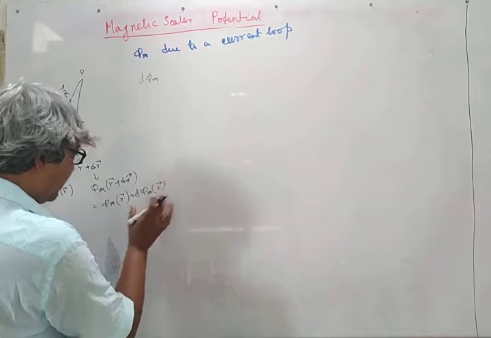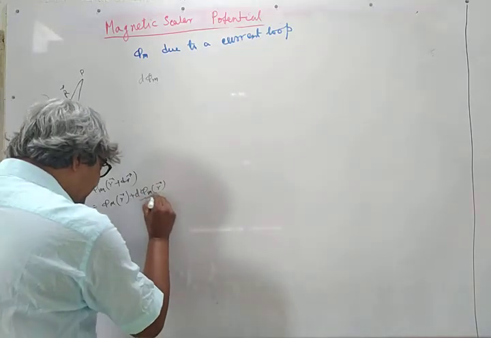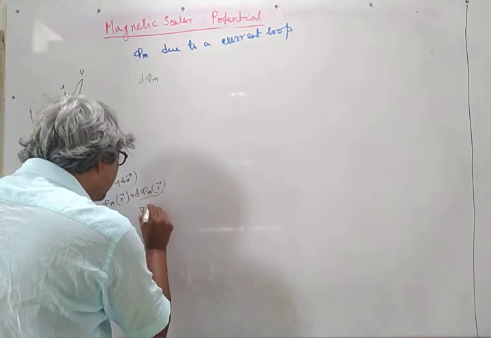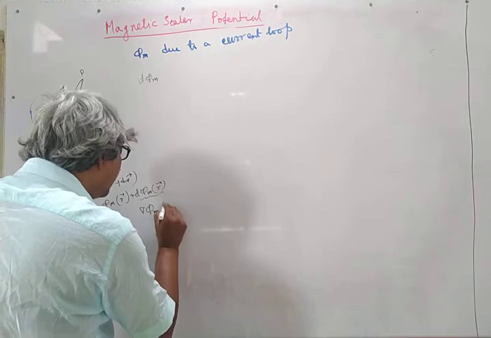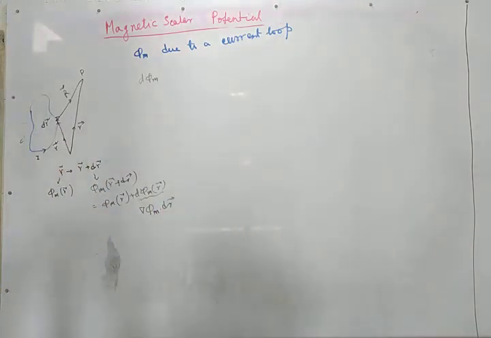Here we have performed a Taylor expansion, that is, this part is actually equal to grad phi dot dr. So this is the change in potential due to change in the field position by an amount dr.